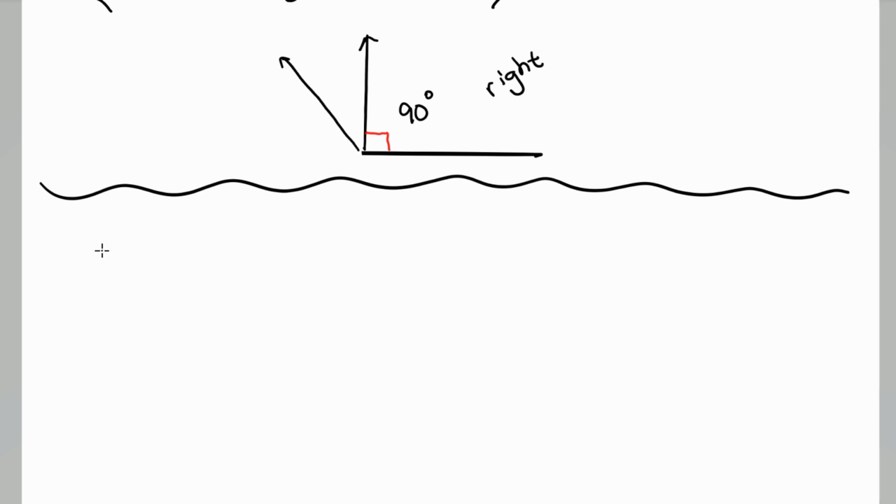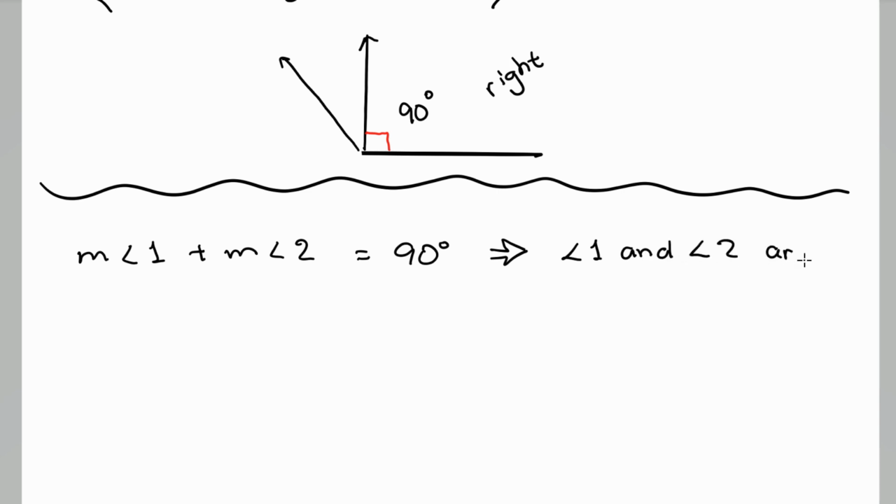So if you have two angles, and let's just call them 1 and 2, and the measure of angle 1 plus the measure of angle 2 equals 90 degrees, then we would say that angles 1 and 2 are complementary. I got this question wrong on a quiz. It's embarrassing.